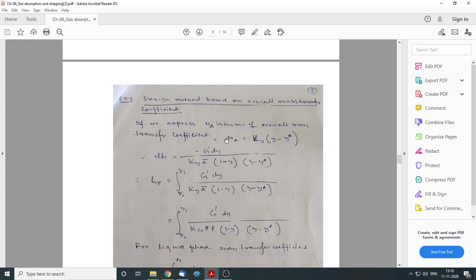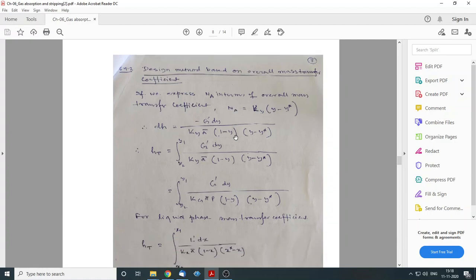So far we have discussed this in terms of individual mass transfer coefficients. Now if I express this in terms of the overall mass transfer coefficient design equation, what is my dh? dh was for individual mass transfer.